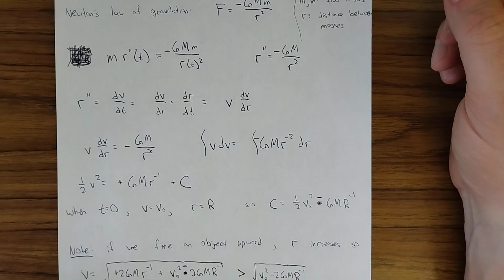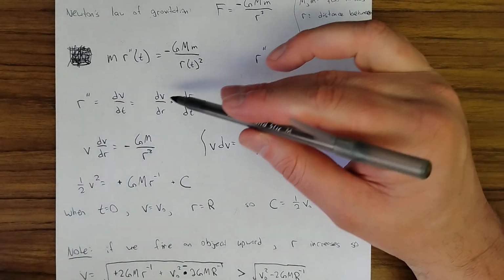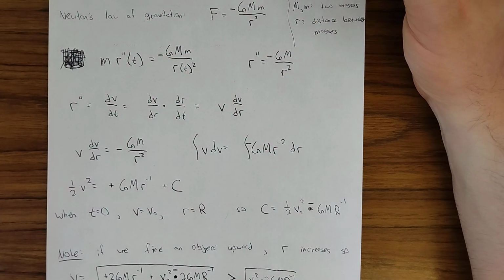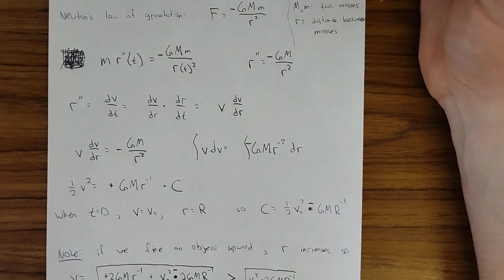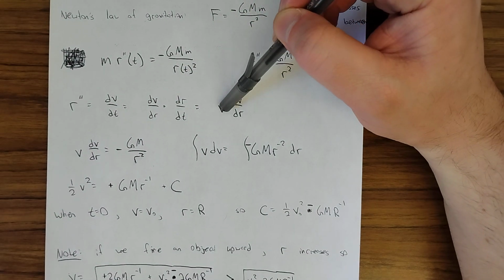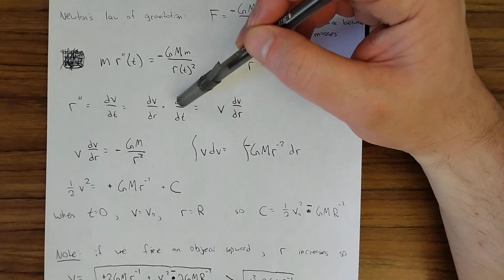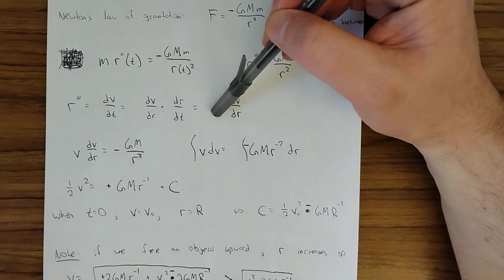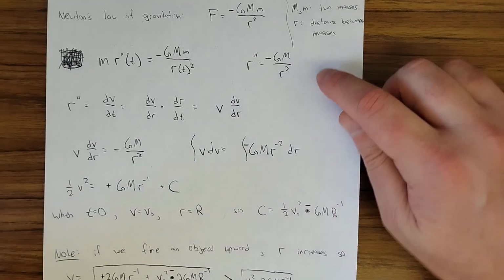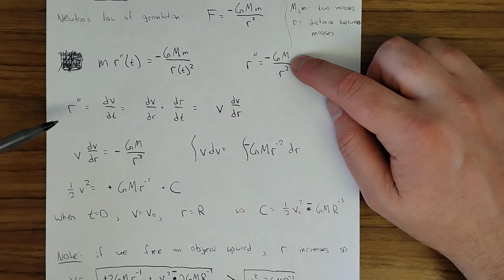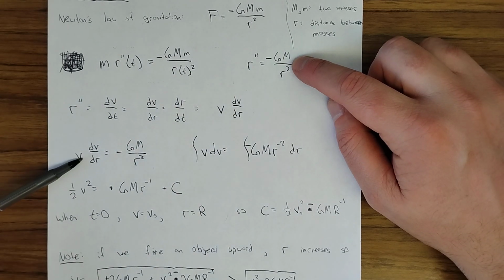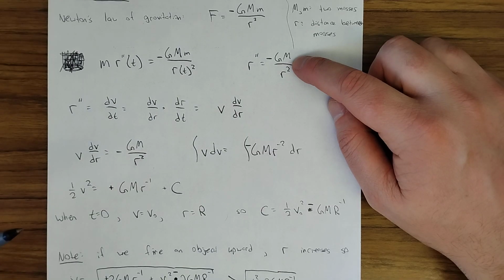We can imagine canceling the dr's, but we're not really supposed to do that, but that's how I remember the chain rule, is that if I canceled them, I would get the same thing. And meanwhile, dr over dt is v, because v is the derivative of position. So I can rewrite this differential equation because r double prime is v dv over dr, so I write that equals this same thing.